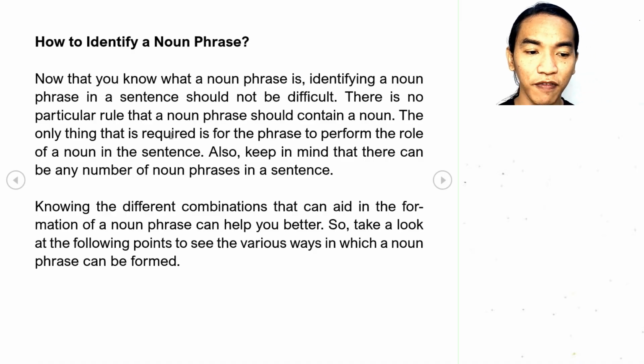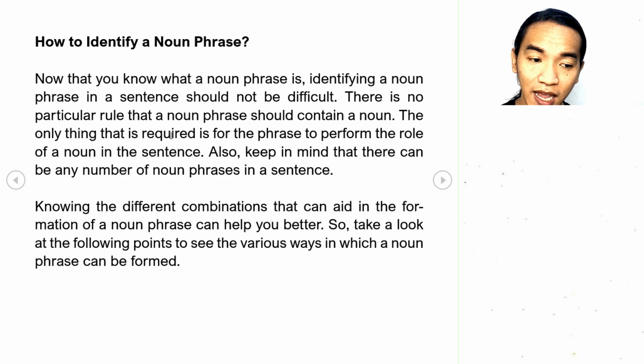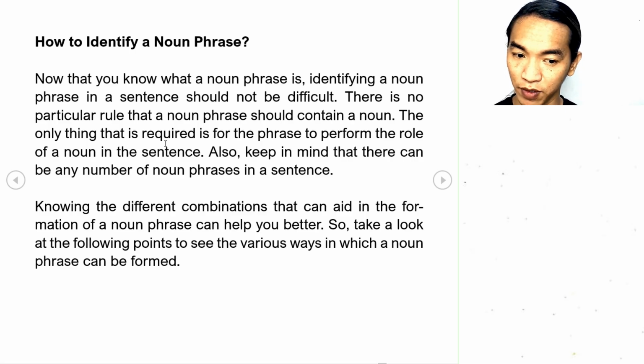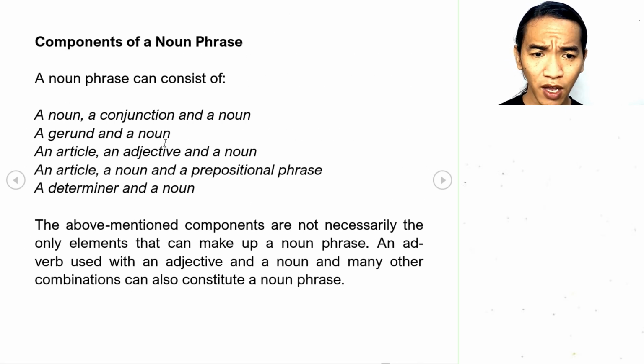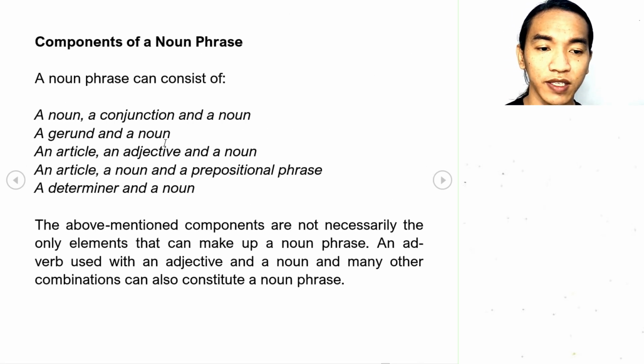So also keep in mind that there can be any number of noun phrases in a sentence. So knowing the different combinations that can aid in the formation of a noun phrase can help you better. So we definitely have to know the components so we know how to create a noun phrase. So let's take a look at the following points to see the various ways in which a noun phrase can be formed. Okay, so what are the components of a noun phrase?